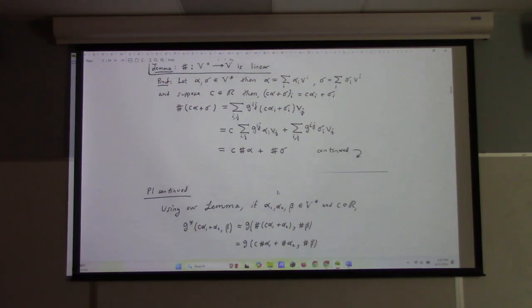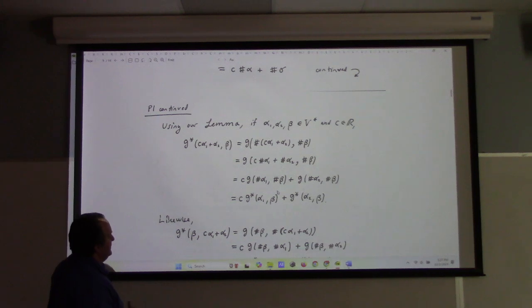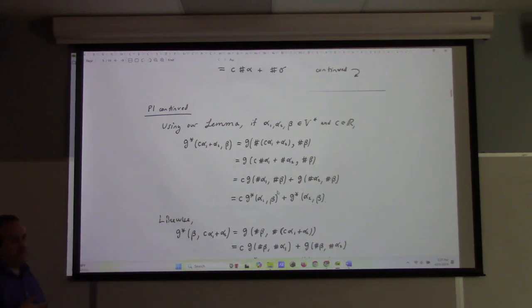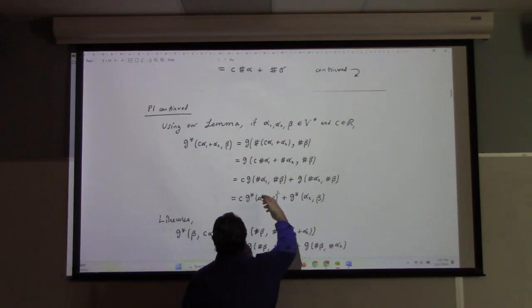Once you know that, it's a simple matter. If I take G dual, by definition, it's the sharp of C alpha 1 plus alpha 2, which is C times sharp alpha 1 plus sharp alpha 2, comma, sharp beta. And then we are assuming that G is a metric, right?